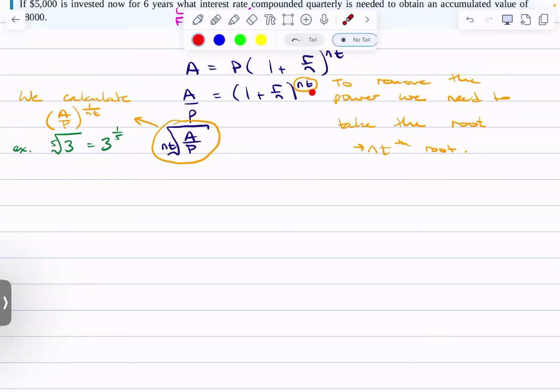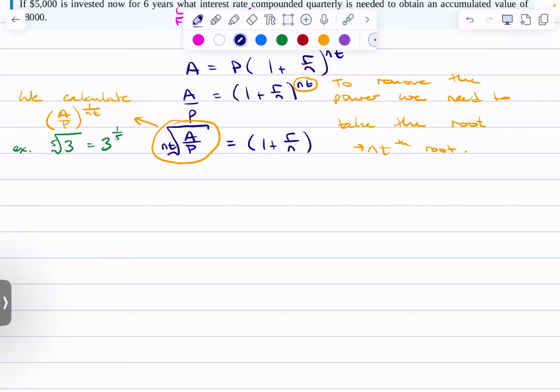You can also kind of talk your way into how that would cancel the n times t in the power over here, but we don't need to worry about that. What we're left with here is just the basic 1 plus r over n. We're getting close to that r that we wanted.